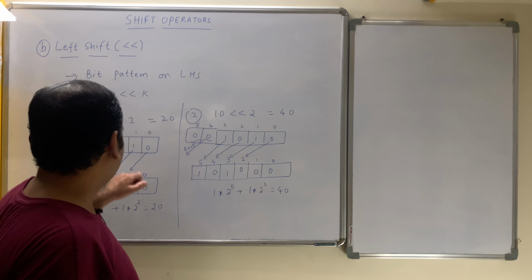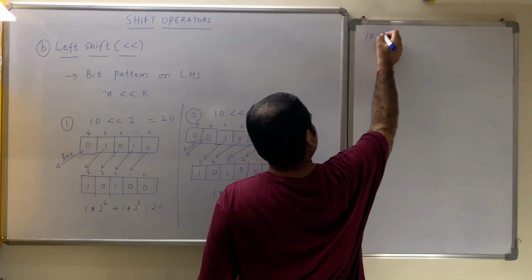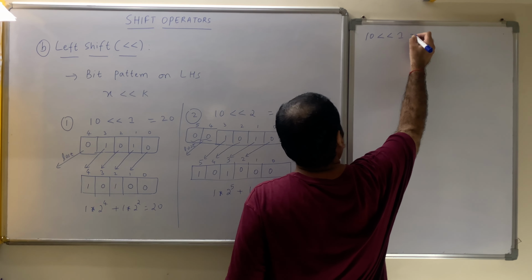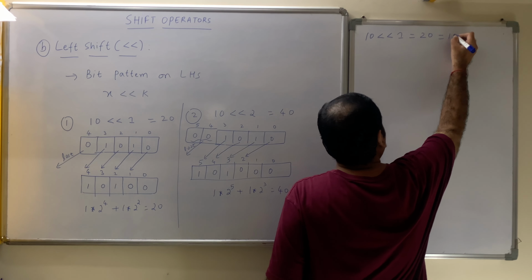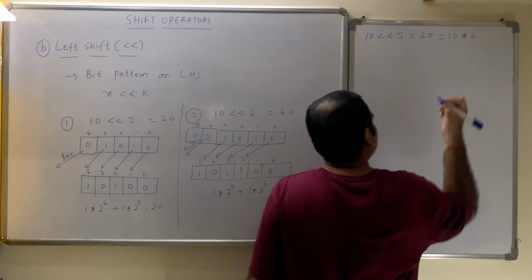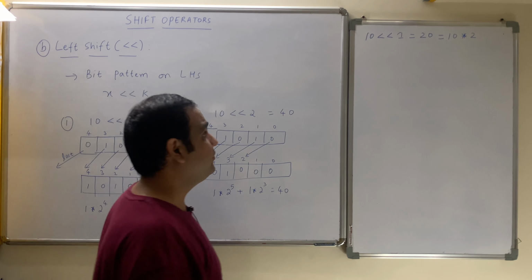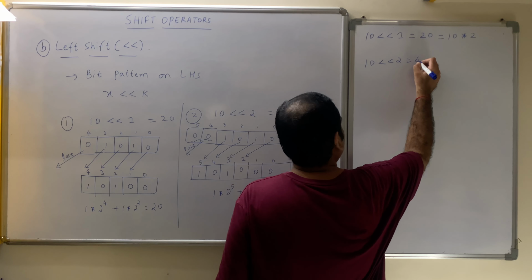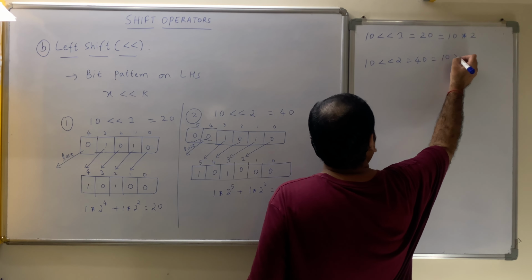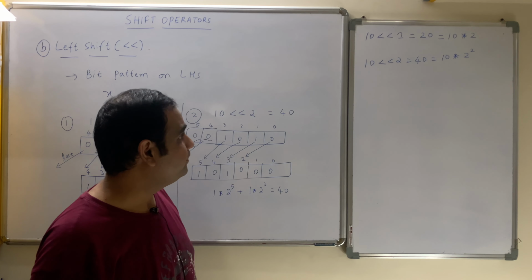Now we can generalize here as well. We know that 10 left shift 1, we got the answer as 20, and this 20 we can write as 10 into 2. 10 left shift 2 is equal to 40, and this 40 we can write as 10 into 2 square, that is 10 into 4.